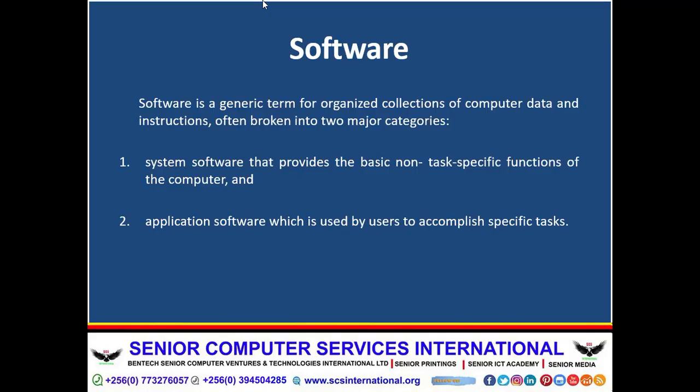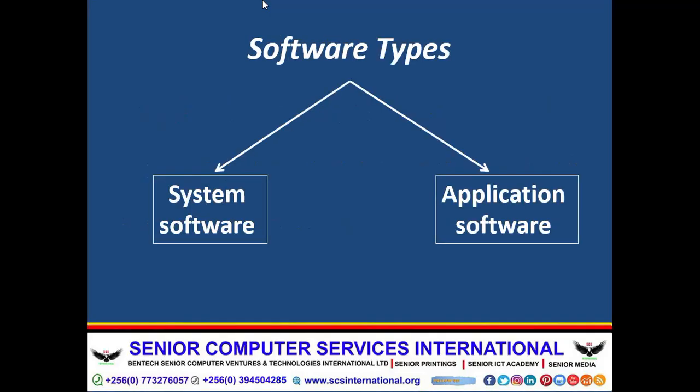Additionally, they can add on some others like translators and others, but basically those are the two major categories in software: system and application. Application is related to the applications we are using, and system is related to computer operations.